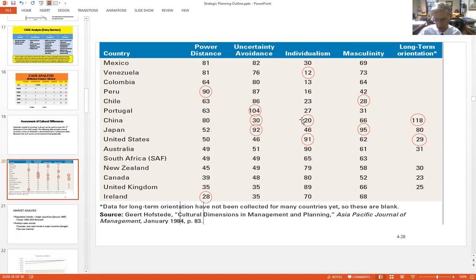This is a society that does things together, and yet when it comes to avoiding uncertainty, that is the attempt to avoid taking risk, the score is also low. And it's very unusual for a country to be collectivist and aggressive in its risk-taking behavior.